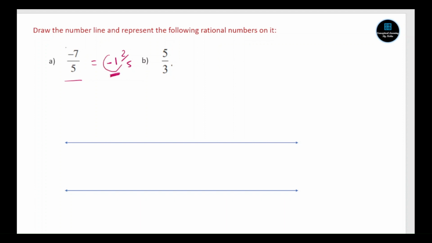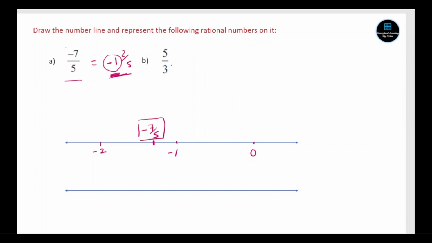Let's say this is my 0, this is minus 1, and here it is minus 2. This number comes between minus 1 and minus 2, almost here. This is minus 7 upon 5 for me.